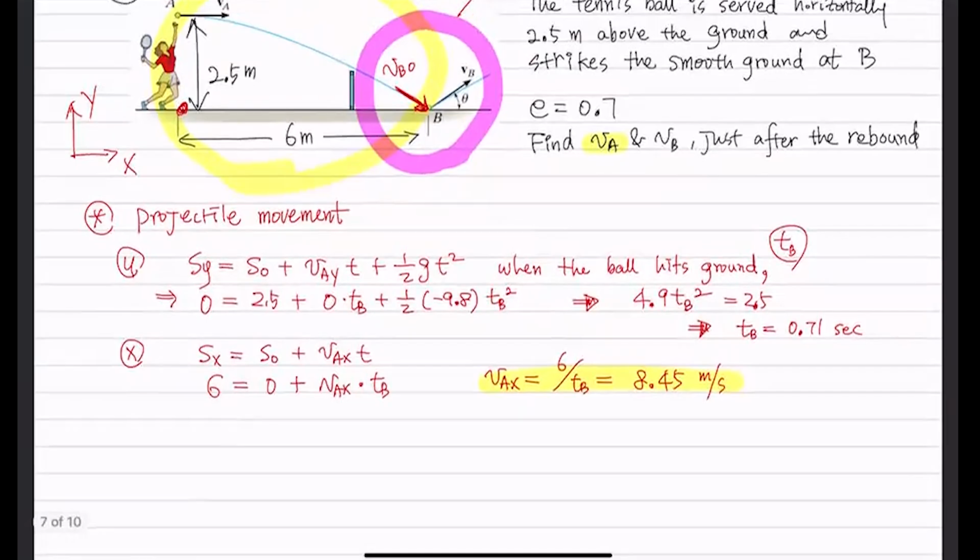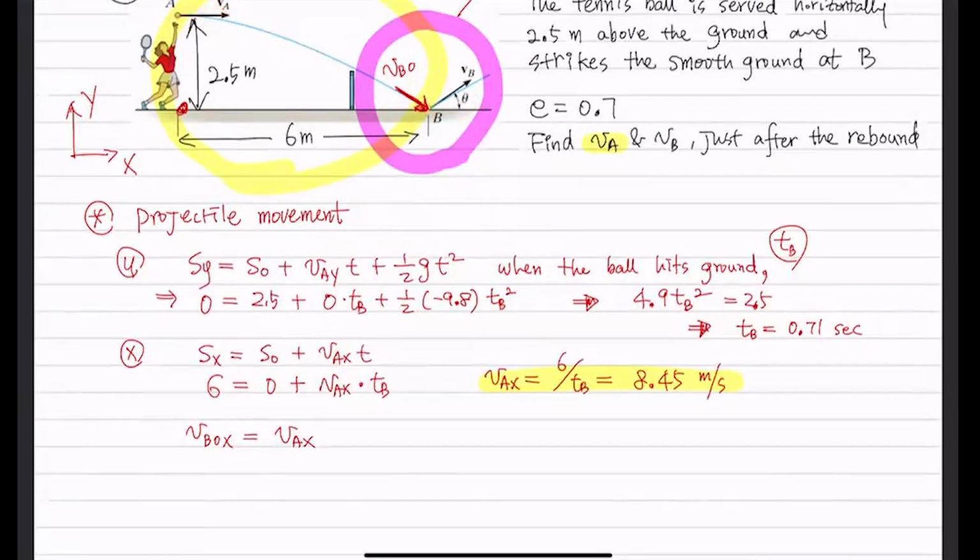And we also would like to find the velocity at this point, right? So we can also find VBx, and that is actually going to be VAx, right? There's no horizontal force, so this velocity is just preserved at this moment.